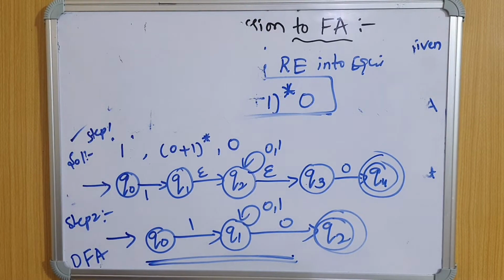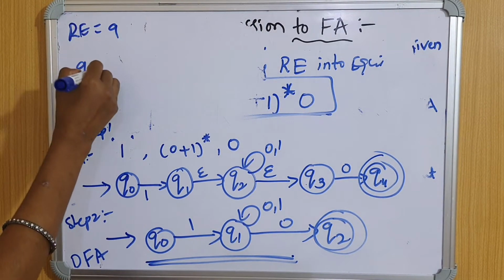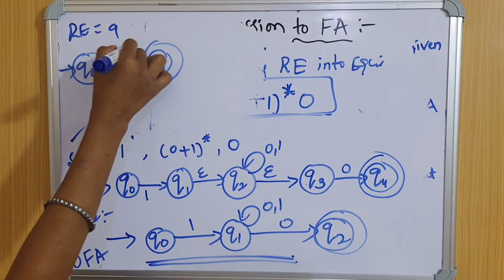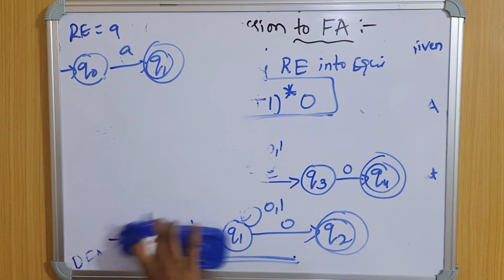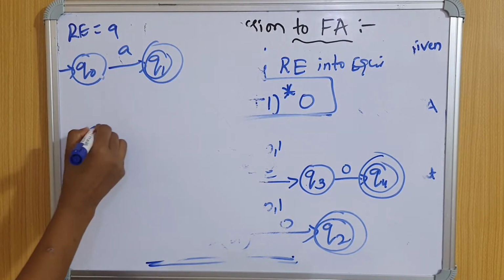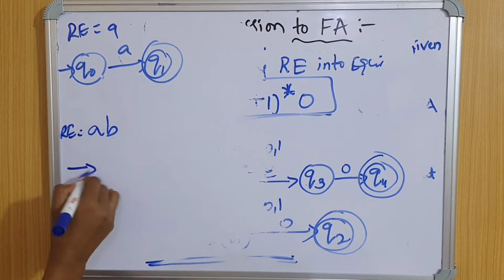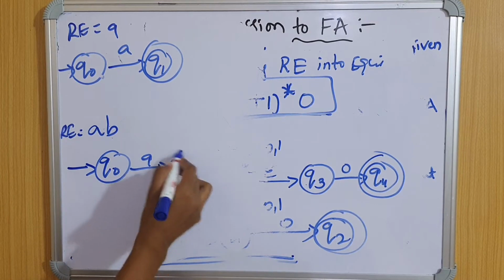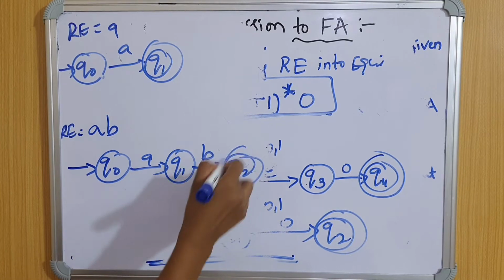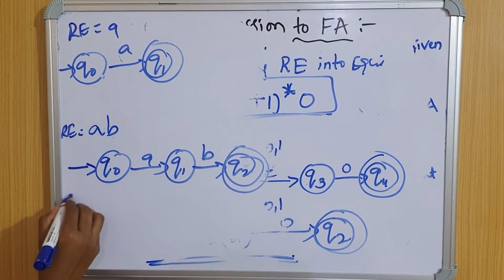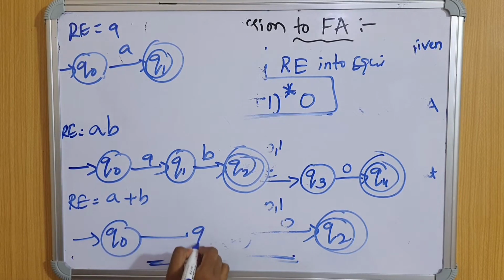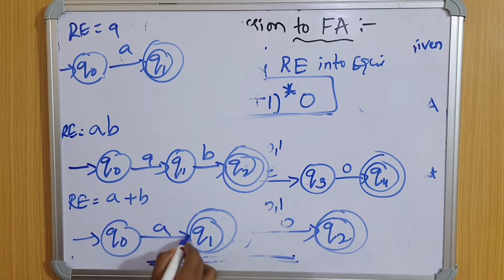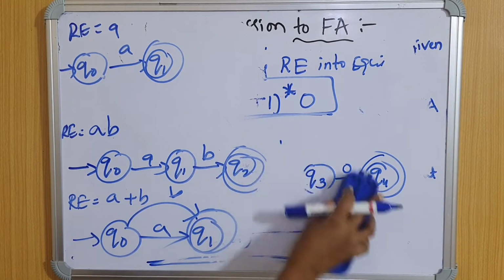For example, if our regular expression is A, you write Q0 to Q1 on A. If it is AB, then Q0 on A to a next state, then B. For example, if my regular expression is A+B, then from Q0 to the final state Q1 one path is A and the other is B. I am saying this just for better understanding.